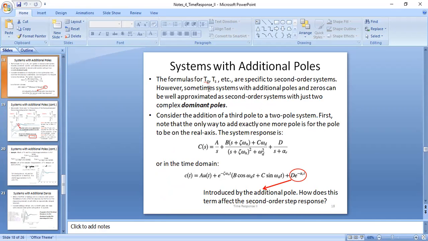So here what are we doing? Additional poles and zeros. Yeah, I hear you. So here what are we doing?